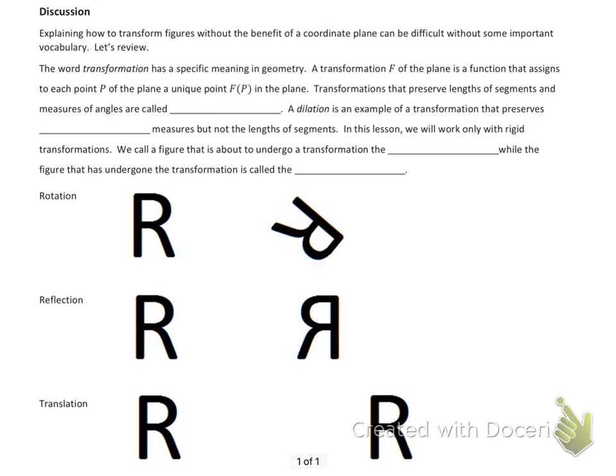Okay, so we do have another subset of transformations. So the very first blank in this page: transformations that preserve lengths of segments and measures of angles are called rigid transformations. It's going to be hard to fit that in there, but you can do it. Rigid transformations.